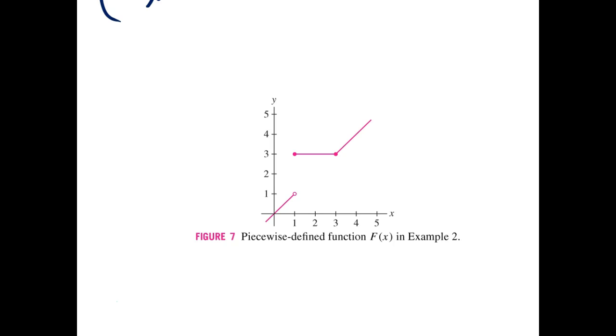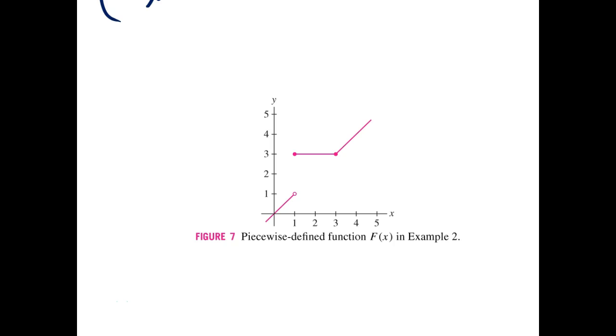This is a jump discontinuity. No way you can get those to match or to equal. Okay? It's a piecewise defined function. Some piecewise defined functions can be continuous. Others will have one gap or two gaps, or as many different pieces you have. You could have an infinite number of gaps.